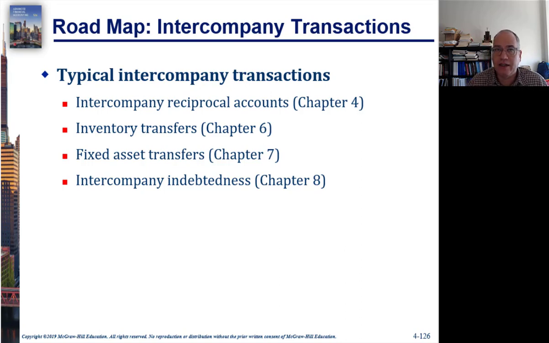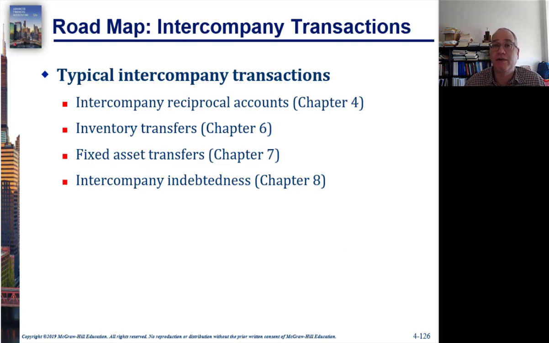I'm recording this video in January 2019. So in this particular semester, we're covering Chapter 6, not 7 or 8. Sometimes I alternate and cover Chapter 7 instead of 6. This semester, I decided to cover Chapter 6. Anyway, intercompany indebtedness, I used to teach that too, but I stopped covering it a while ago.